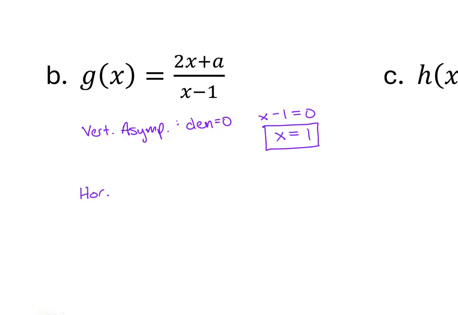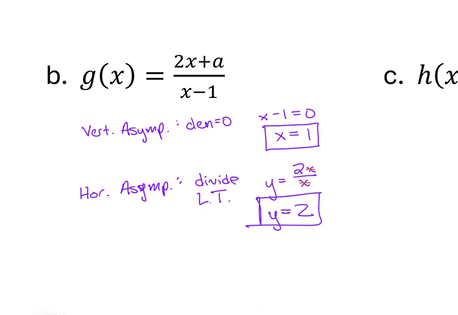All right, for our horizontal asymptote, we want to divide the leading terms. And so if we do this, we get y equals 2x over x. My x's cancel, and I have a horizontal asymptote of y equals 2.